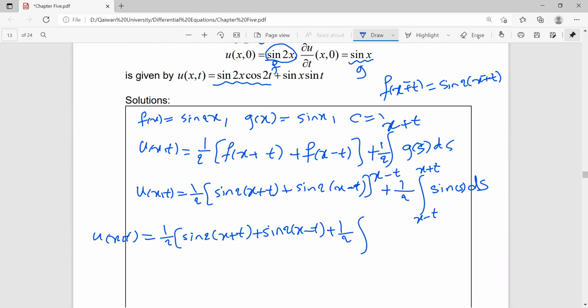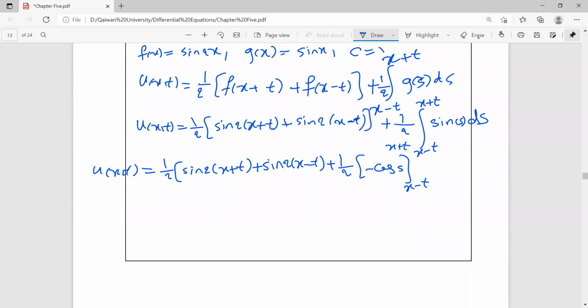The integration of sine is minus cosine s from x minus t to x plus t. Now we replace s first by x plus t, then by x minus t.